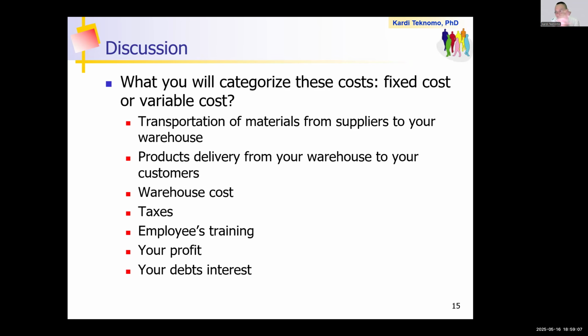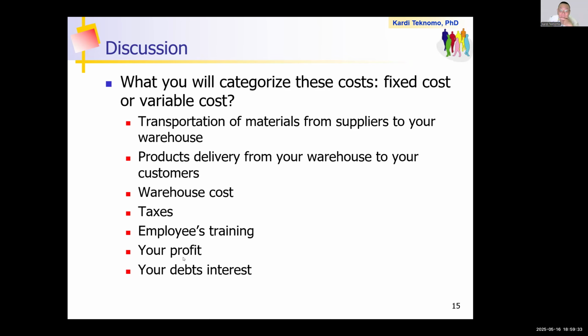Variable cost does not mean variable change, okay? Variable cost means depends on volume, sales or production, not based on per kilometer. So remember the definition of variable cost here does not mean variable change based on kilometer or any other factors.